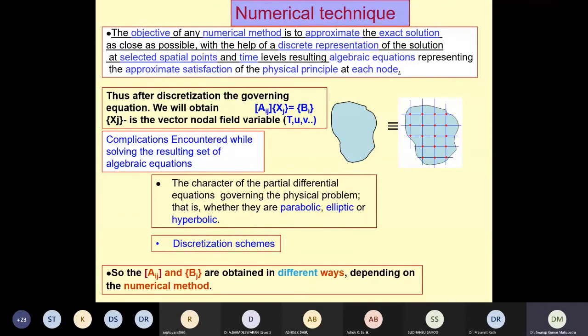It can be represented with a finite number of points, which we call nodes or cell centers. And our objective in any numerical technique is to determine your flow variables, that is the dependent variables, either temperature, velocity, or pressure, at those points, and that is the target.